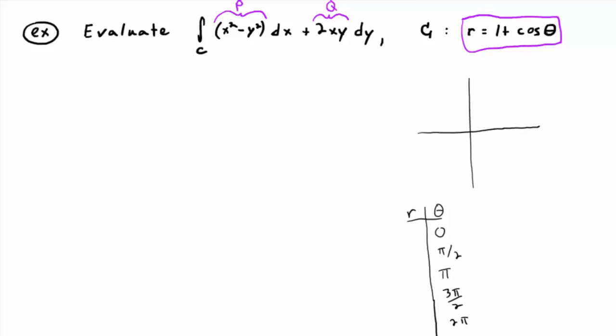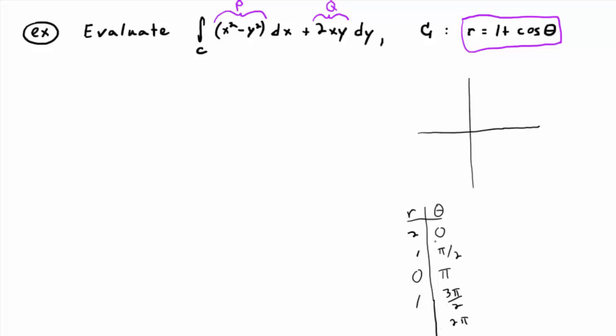Okay, what do we get if we plug in theta equals 0? Cosine of 0 is 1, so plus 1 is 2, sure. If you plug in pi over 2, you get 0 for cosine of pi over 2 plus 1, which is 1. If you plug in pi, 0, because cosine of pi is negative 1, plus 1 is 0. 3 pi over 2, back to 1, 2 pi.